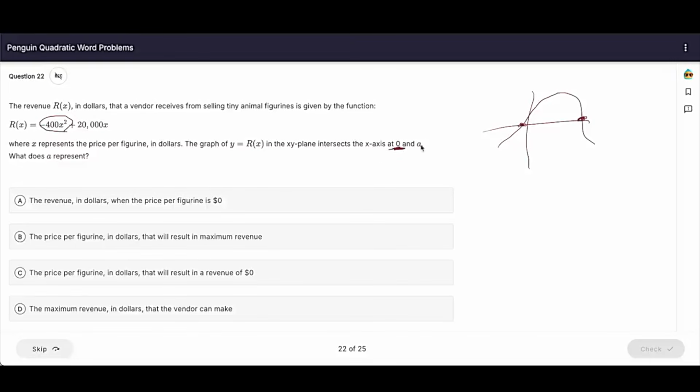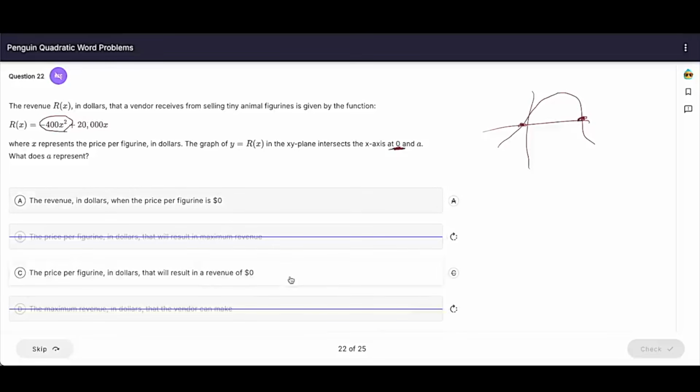So we have to think about what y represents. In this case, since we're calculating how much money we make, the revenue, this would be a point where the revenue is $0. So based off of that alone, we could get rid of a couple of answers. We know that it is not going to be choice B, not going to be choice D, because we want that revenue of $0, right?